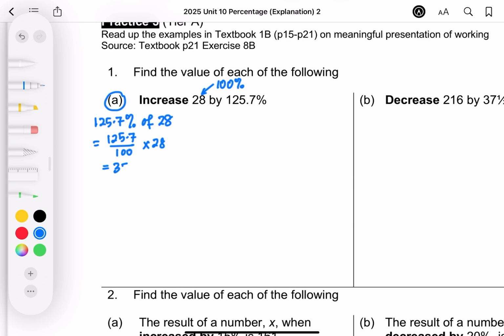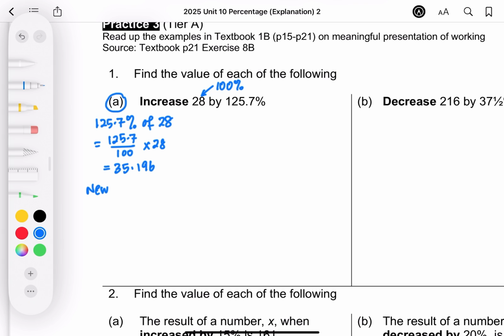And the value is 35.196. Now, bear in mind that this is the increased amount. And so, the new value is actually this and this.